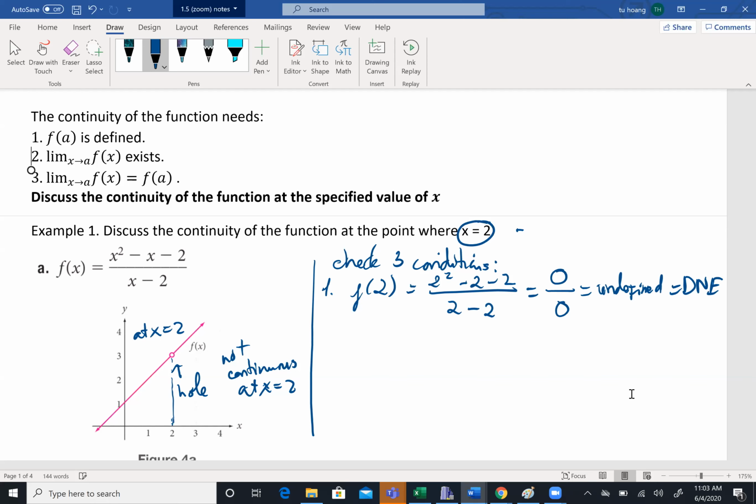And I can even stop here at this condition and say this function is not continuous at x equal to 2.